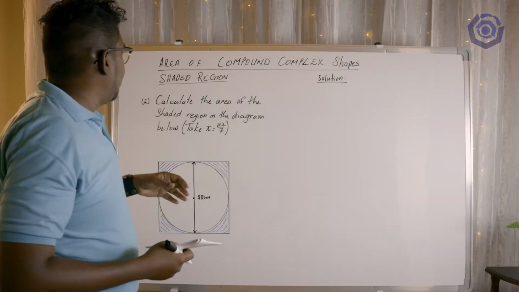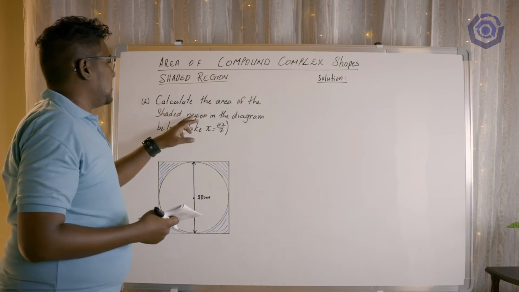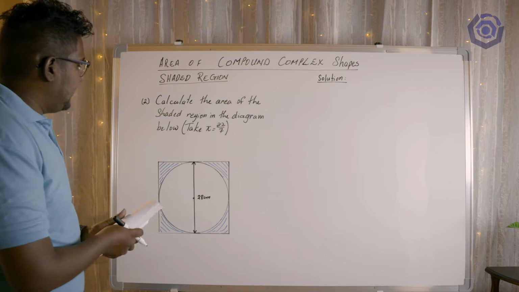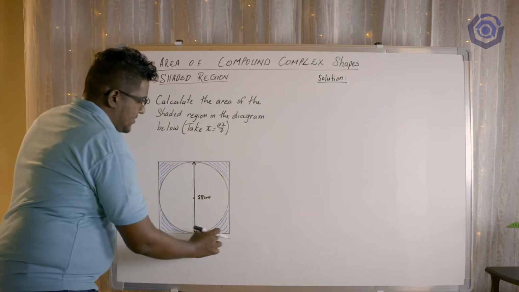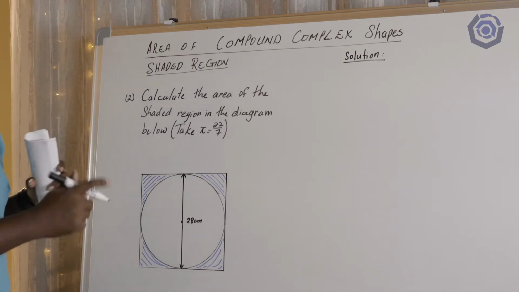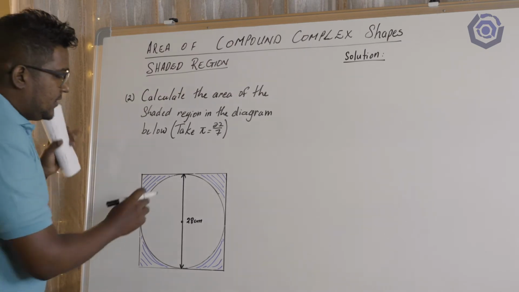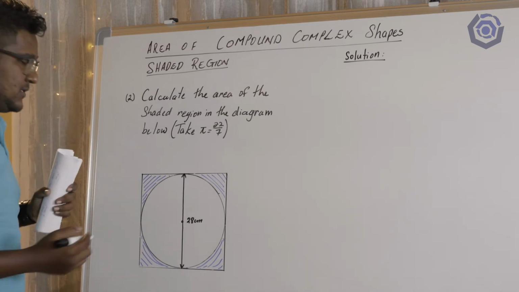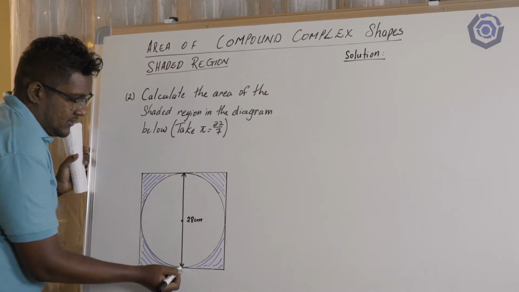Our second example: calculate the area of the shaded region in the diagram below. Now, in this diagram here, we have a square and you have a circle inscribed in the square, right? And they gave us one measurement, which is the diameter of the circle. And if you notice, our circle is touching the ends.